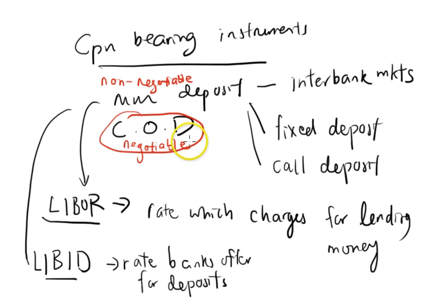Now when we say something is negotiable, it means that it can be bought and sold in the secondary market. Whereas for non-negotiable, it cannot be sold or bought in the secondary market. That means you can have only one owner.